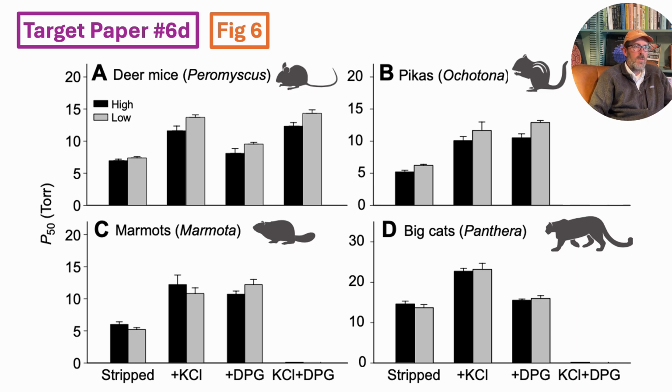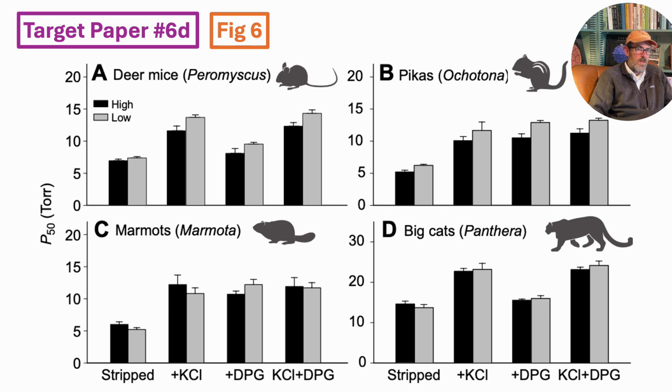Last, KCl plus DPG, predicted trend in deer mice, predicted trend in pikas, opposite or not significantly different in marmots and panthers, sort of in the predicted trend. This is a lot of work to get all these comparisons, and they were not really what they expected to see, I would assume. So allostery probably matters a lot, but that's what they were able to show for hemoglobin P50s and VO2 max.